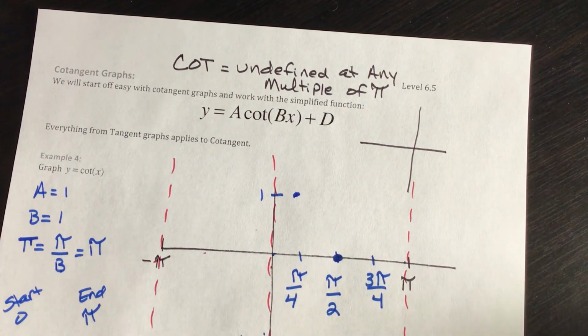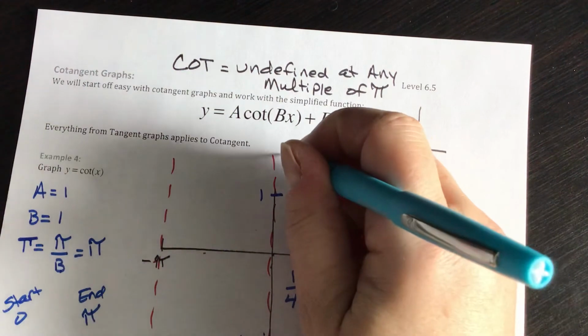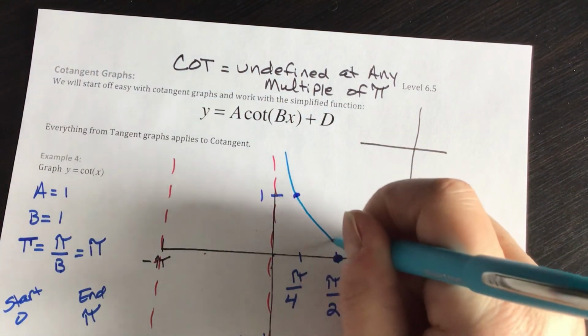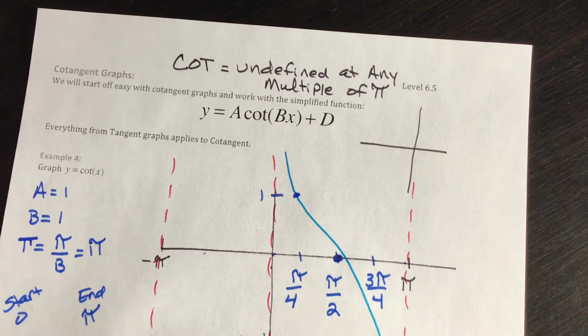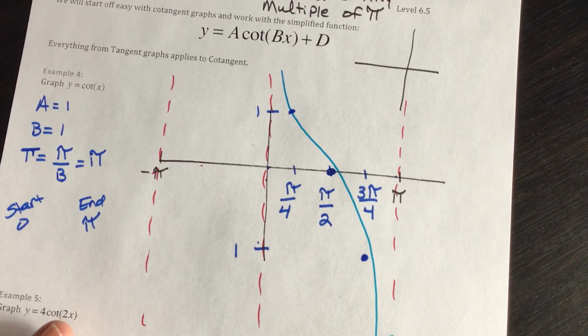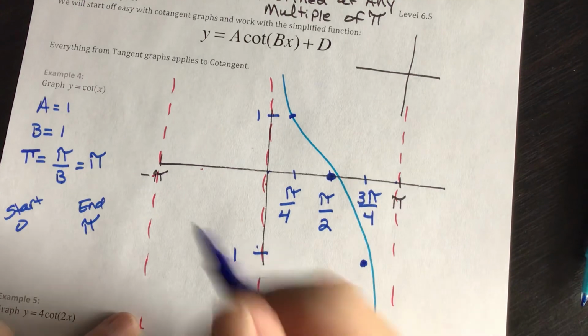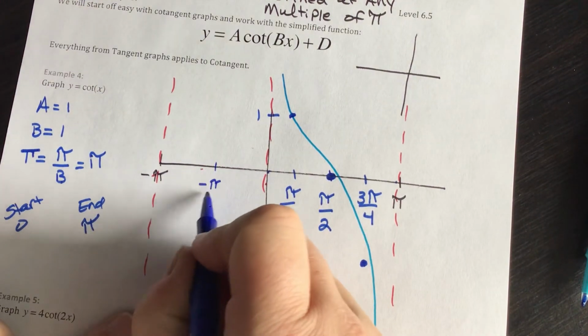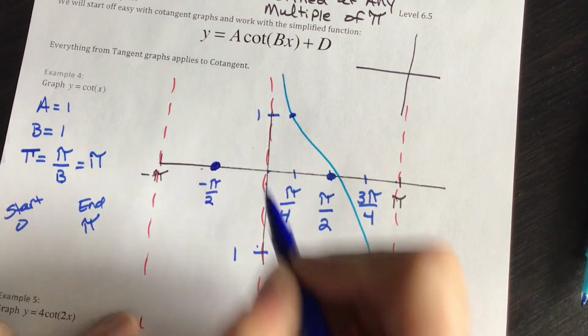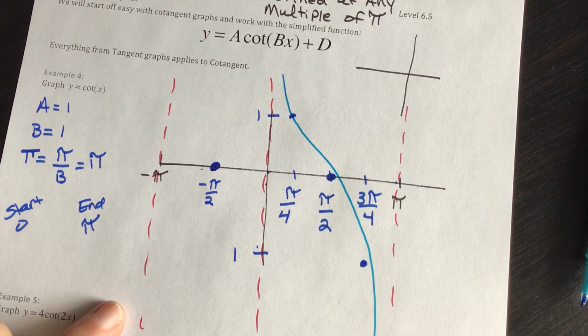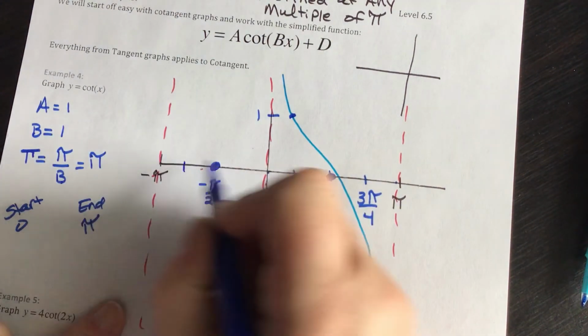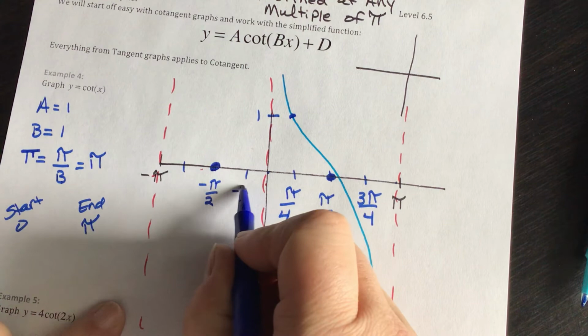So my graph will look like this if it goes through the points. All right, if I did another period over here, this would be negative pi over 2. I would have 0 cotangent there, and this would be negative pi over 4.